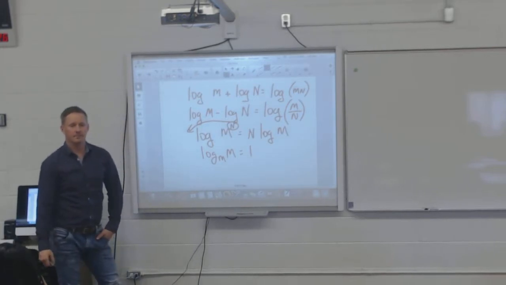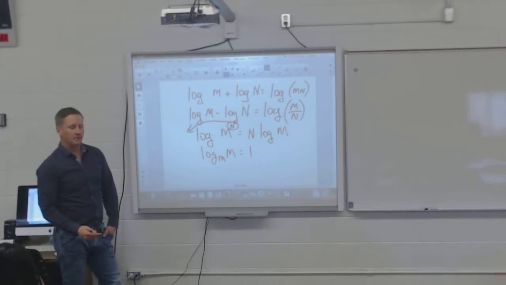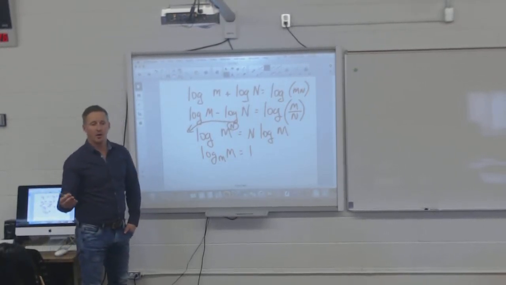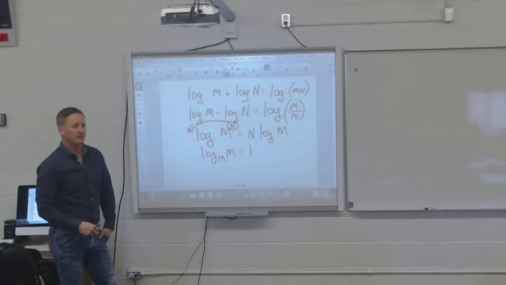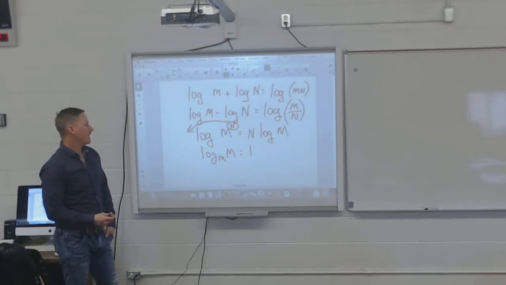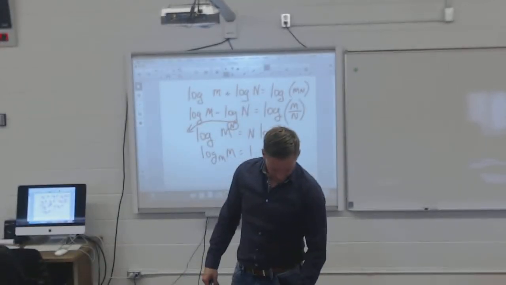Just 1. The log of any number to the same base is equal to 1. I can show you why, or you can just believe me and remember that. It's easier to do it that way. Okay, so that's what I have there. Did I take care of all of them? I believe so.